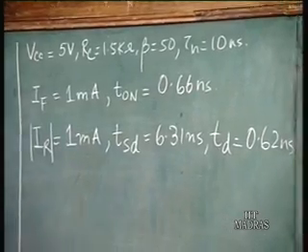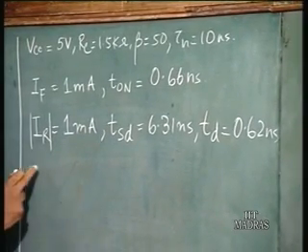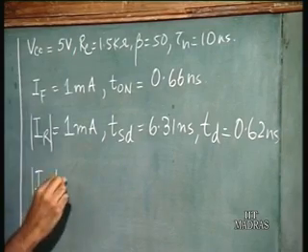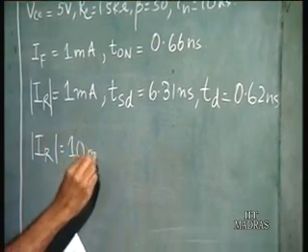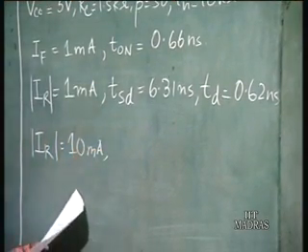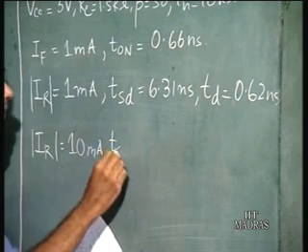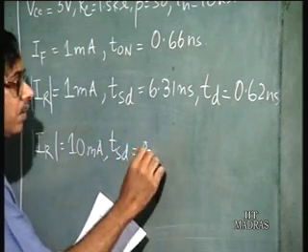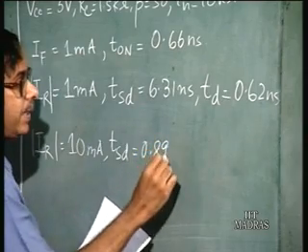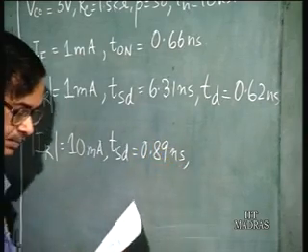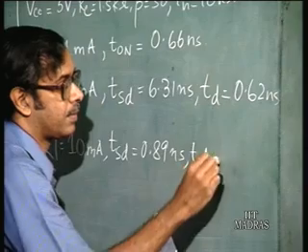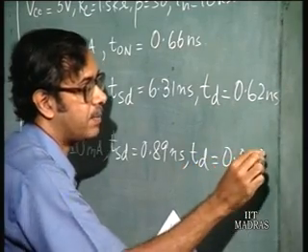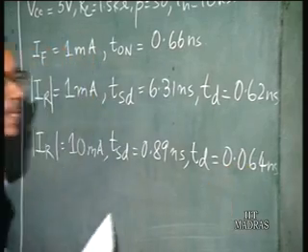Now, in case IR is equal to 10 milliampere, TSD is equal to 0.89 nanoseconds and TD is 0.064 nanoseconds.